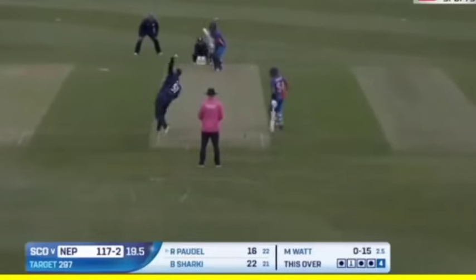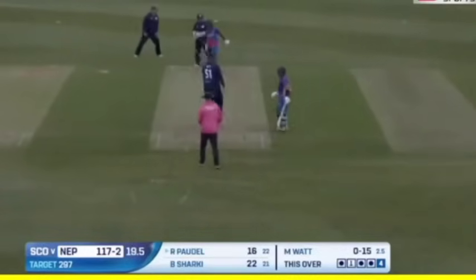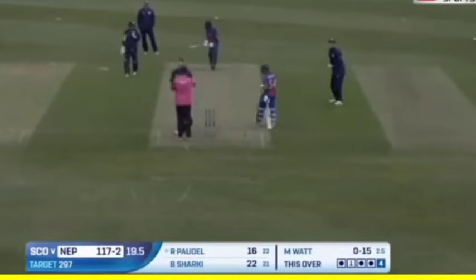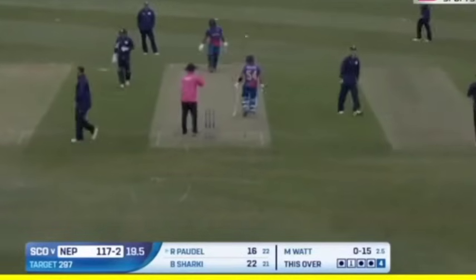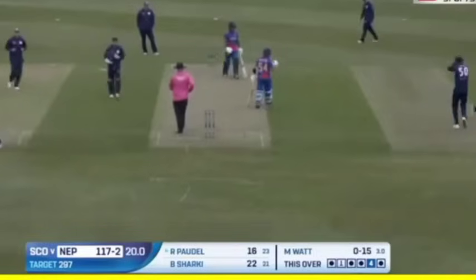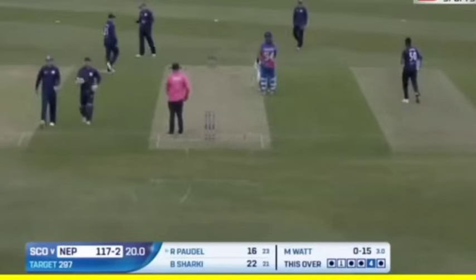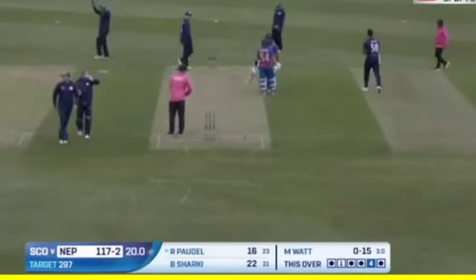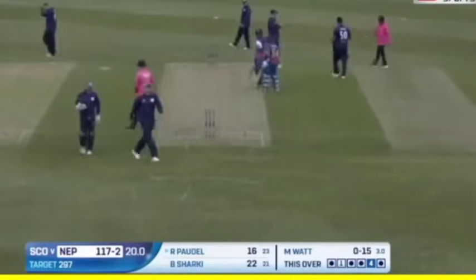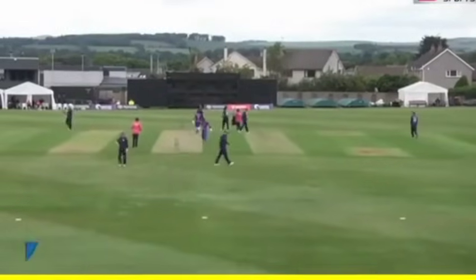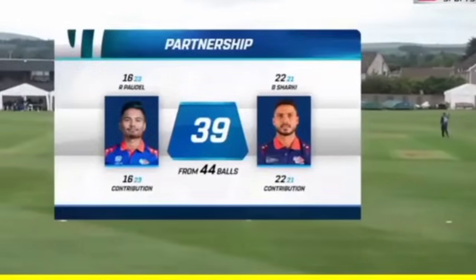You've got to give great credit to Nepal's approach here to this innings thus far. They've built a nice partnership here for the third wicket. They're getting into the game. 117 for 2. Get a look at this partnership that's starting to grow.